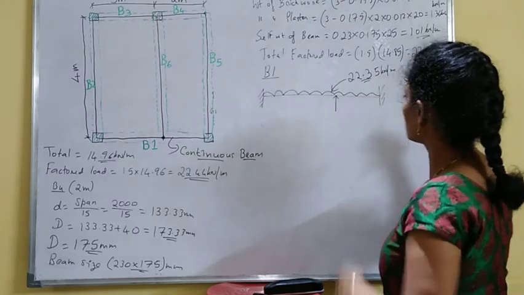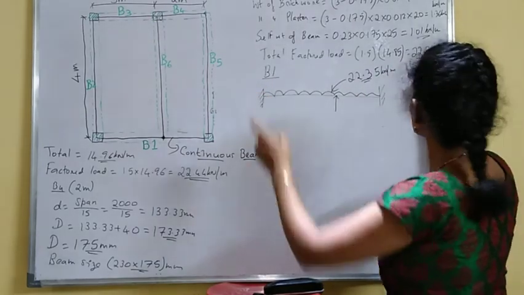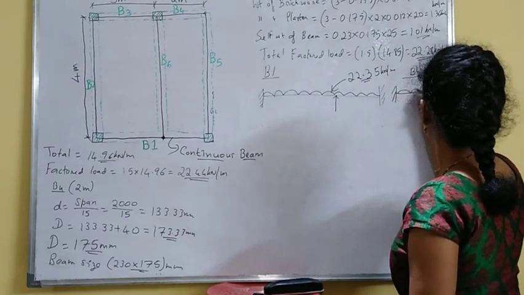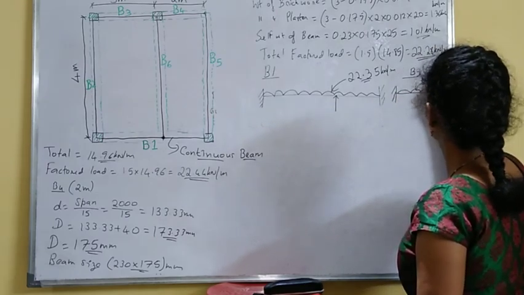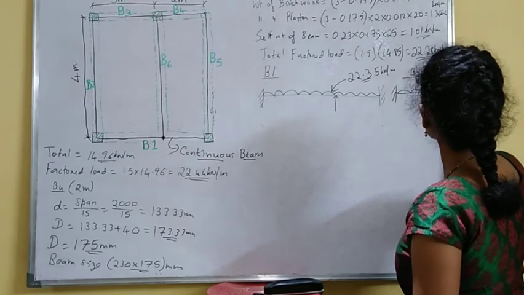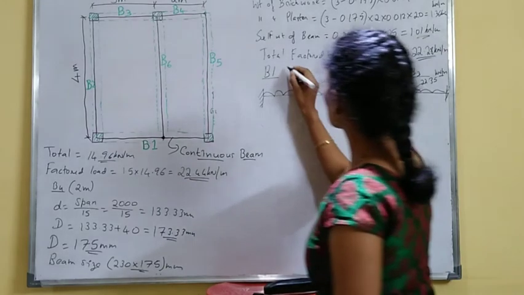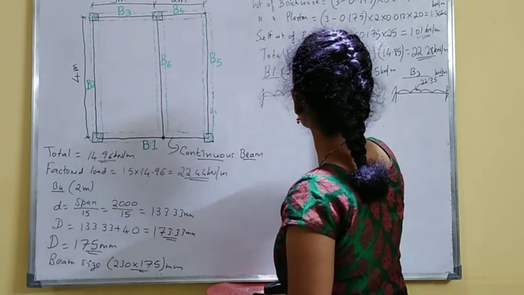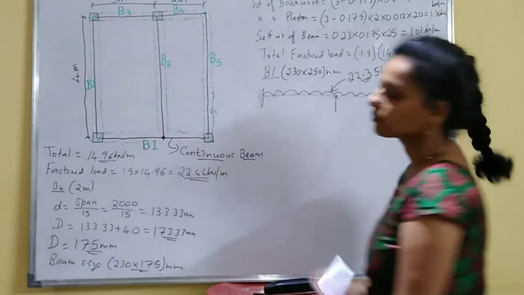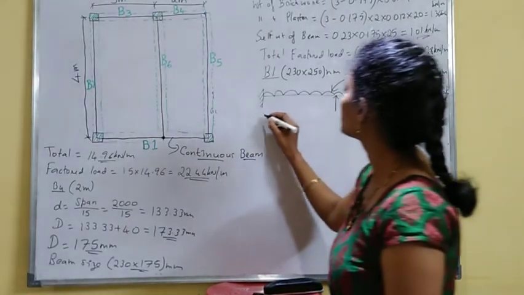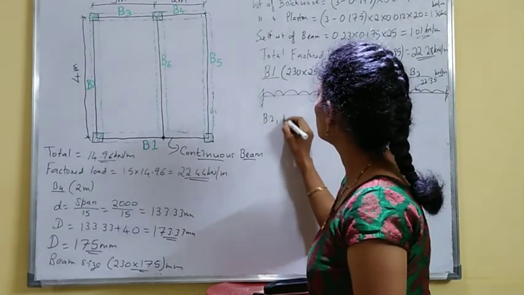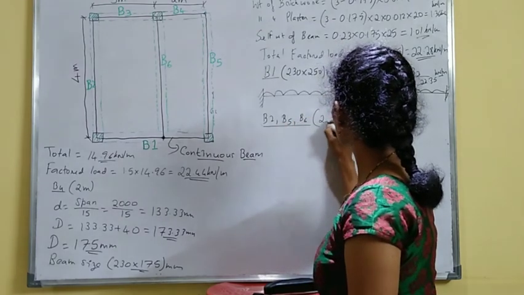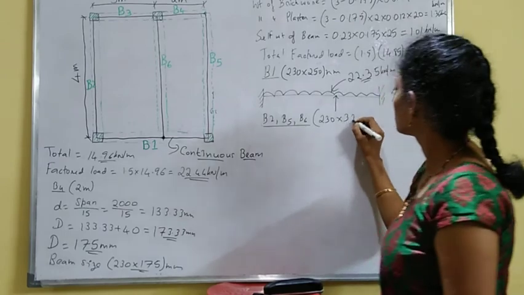Okay. Similarly for beam B3, both sides it is fixed. Load is same, 22.35. Cross section is 230 by 250. Okay. Next group B2, B5, B6, cross section 230 by 325.